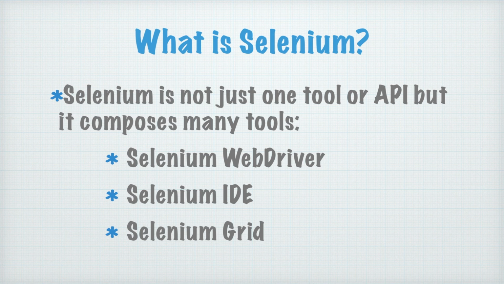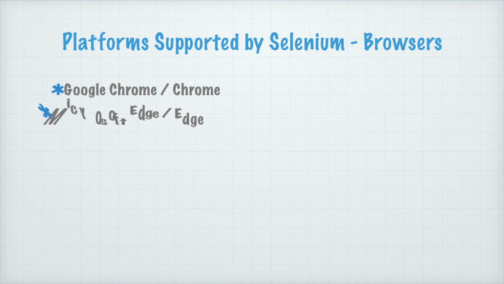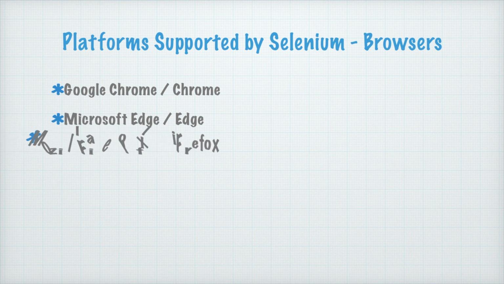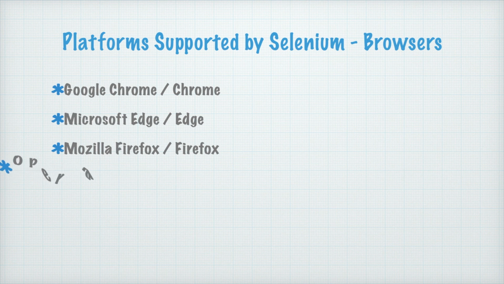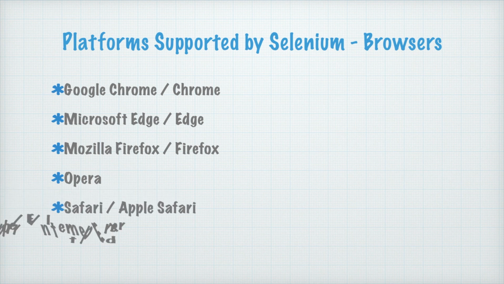Now let's see what are the browsers supported by Selenium. Selenium supports a wide variety of browsers. It supports Google Chrome, which in short we call the Chrome browser. Then it also supports the Microsoft Edge browser, which is sometimes called Edge. Then it also supports Mozilla Firefox, which we sometimes call the Firefox browser.